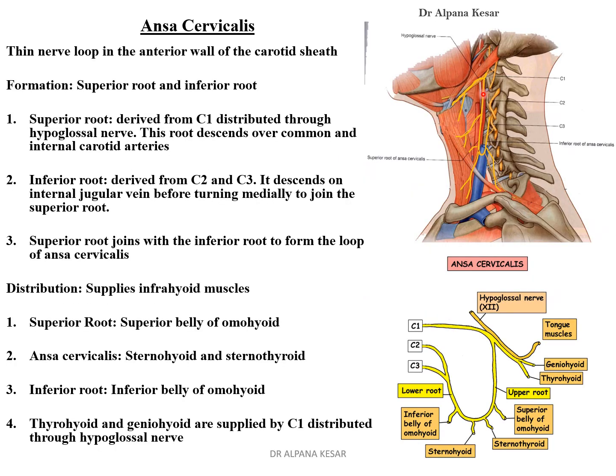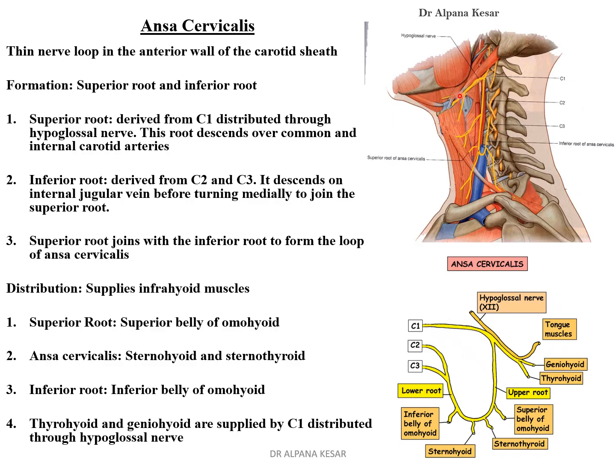Ansa cervicalis. This is Ansa cervicalis, which is a thin loop of nerve present on the anterior wall of the carotid sheath. It is formed from a superior root, which is this, and an inferior root, which is this. The superior root is derived from the first cervical spinal nerve whose fibers are distributed through hypoglossal nerve.